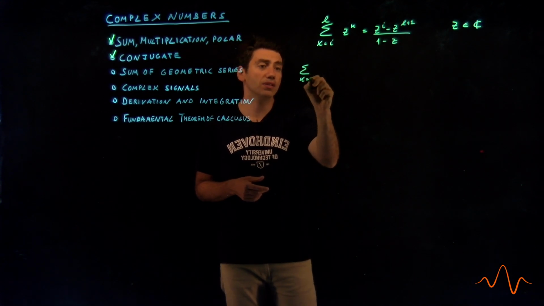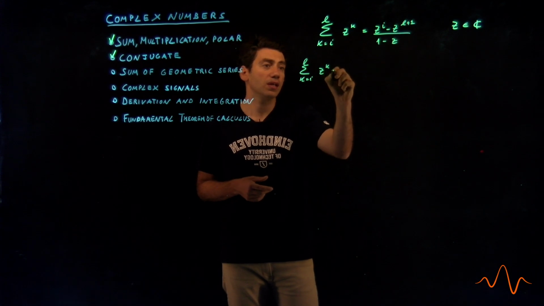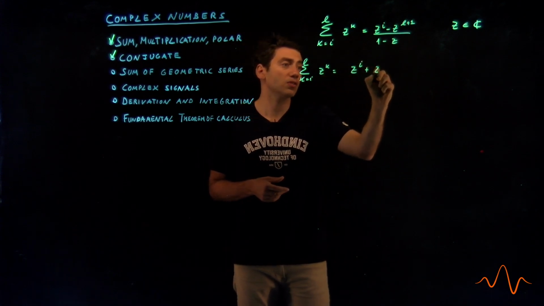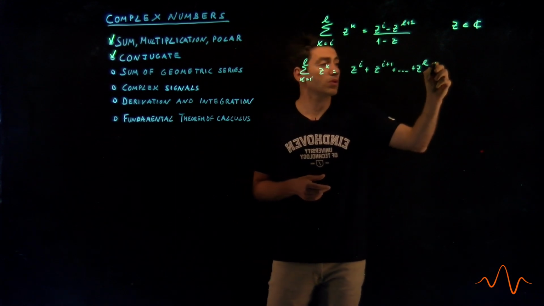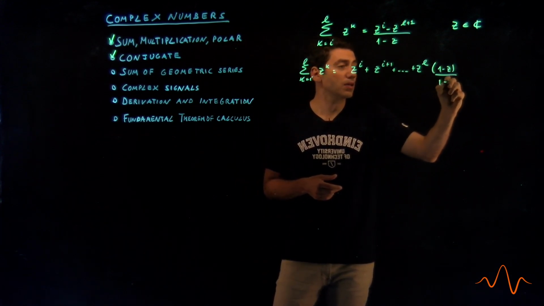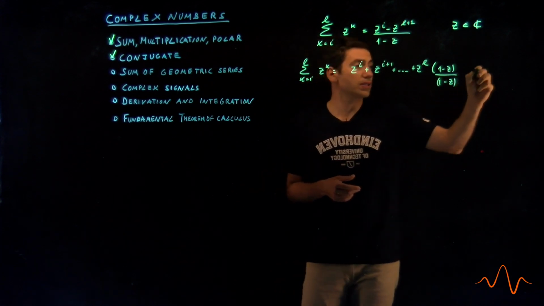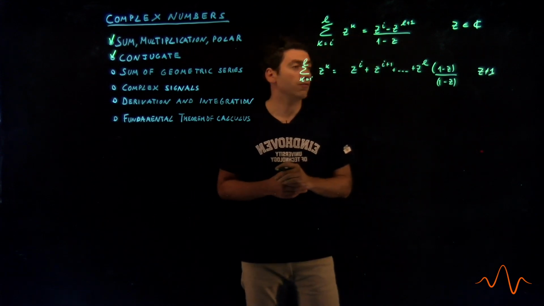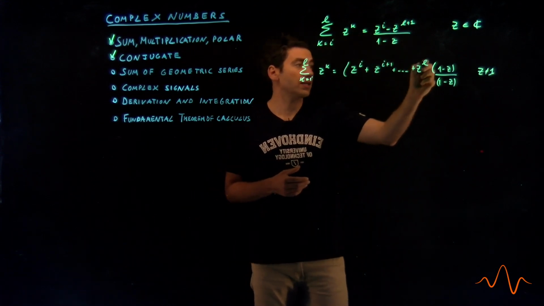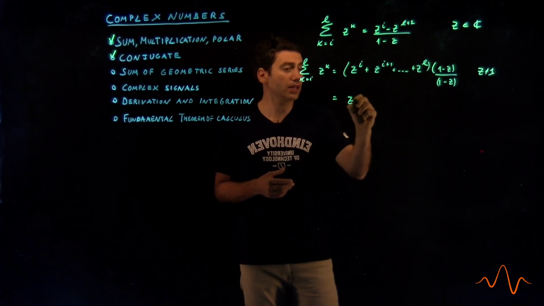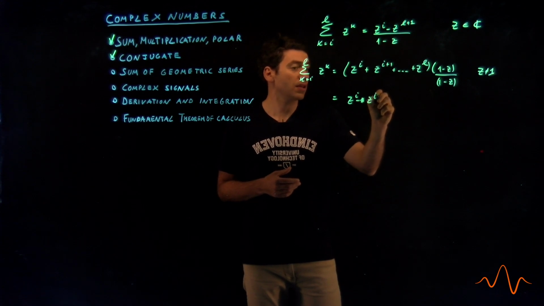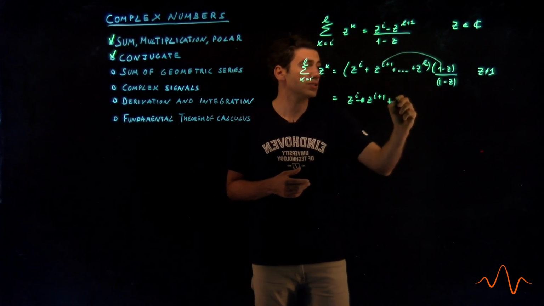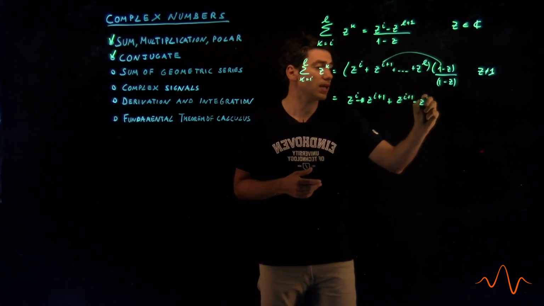We can just notice that the summation is equal to z to the power of l plus z to the power of l plus 1 all the way to z to the power of L. And if we multiply by 1 minus z, and divide, where z must be different from 1, we will get z to the l plus z to the l plus 1 minus z to the l plus 1 minus z to the l plus 2, and so on.